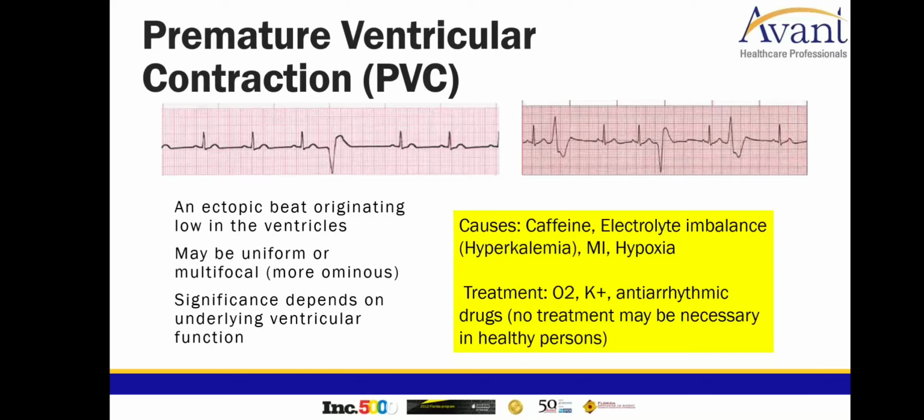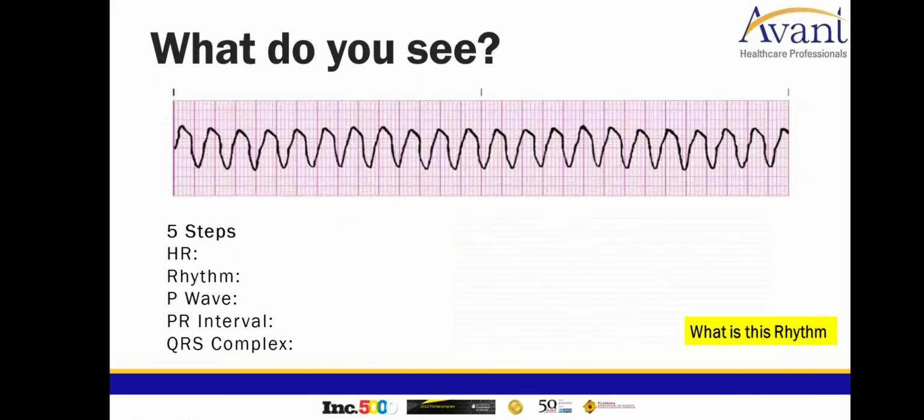The heart doesn't like not having oxygen. MIs, again. So you're going to treat the underlying cause. Most of the time, it's not significant if it's here and there, but if the patient is having a lot of PVCs, that's something that you need to pay attention to because it can lead to something a little bit more serious, such as this next rhythm.